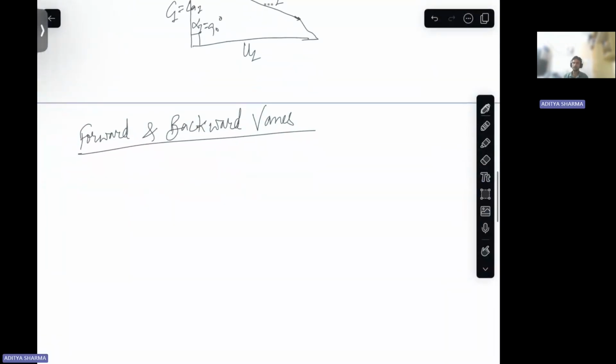So the vanes of this impeller can either be forward vanes or backward vanes. Now, what is the difference between a forward vane and backward vane? The repercussions of these two arrangements we can see from the velocity diagrams.